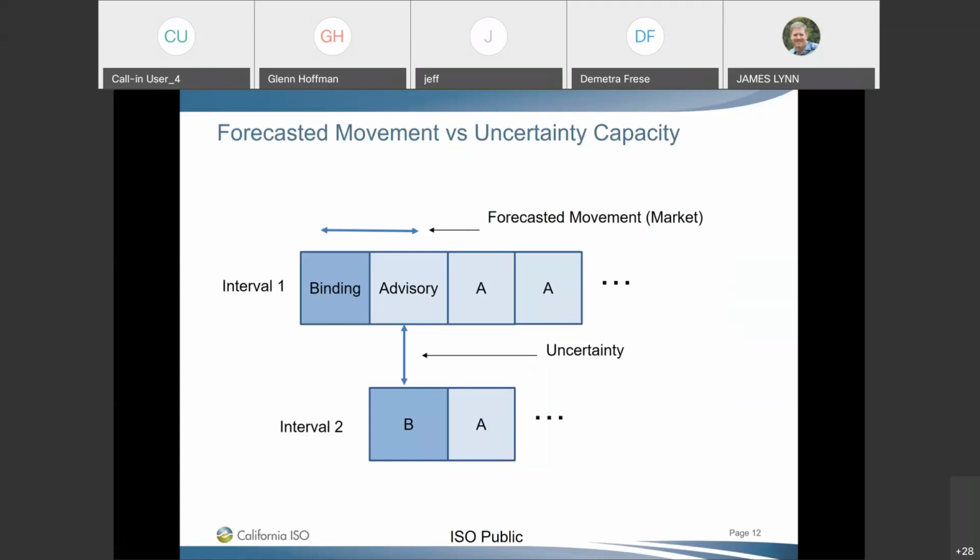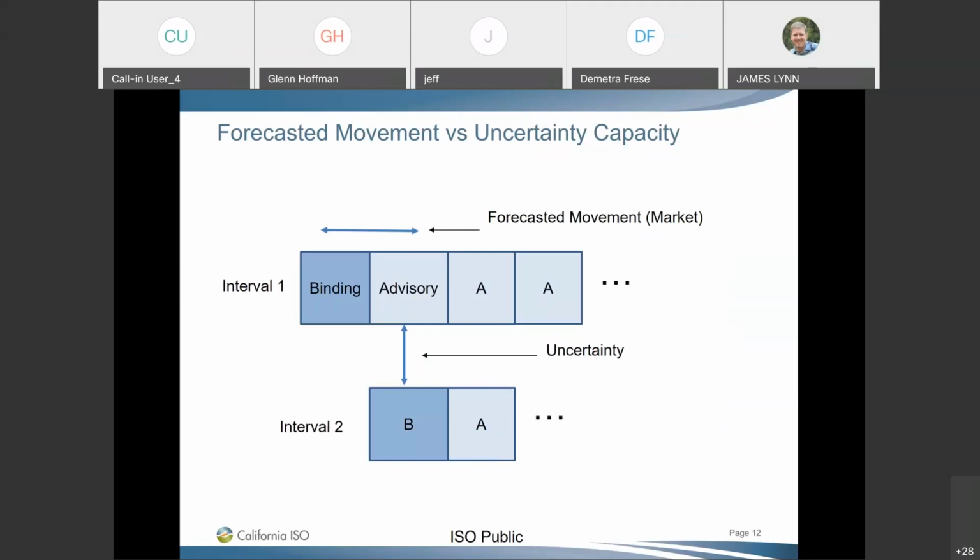If that is in the direction of the net load change, you are helping meet the flexible ramp up need to meet that upper limit, because you are going in the direction of the forecasted net load change, and therefore we don't need to buy as much flexible ramp up.